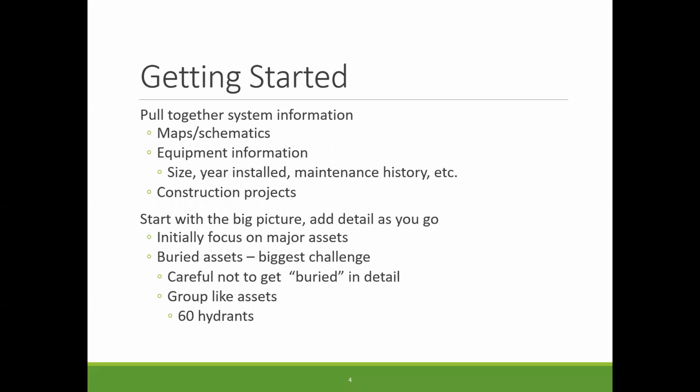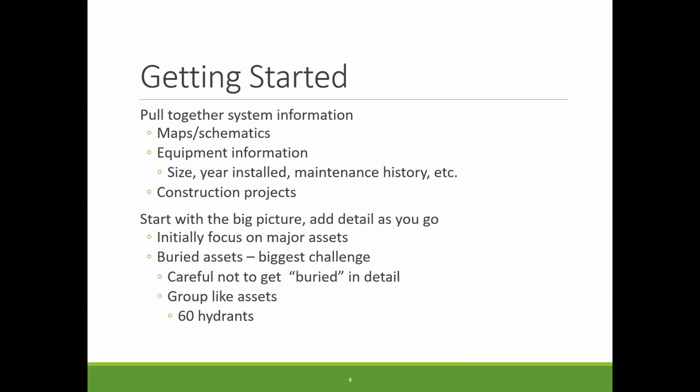A little bit more about getting started. As I mentioned, we did pilot test it at a wastewater treatment plant and a drinking water plant. A few of our findings and recommendations for you: first, pull together your system information. That's going to make data entry into the SCAP tool so much easier. Get maps and schematics for your plant, and have them nearby when you're sitting down to input the information.